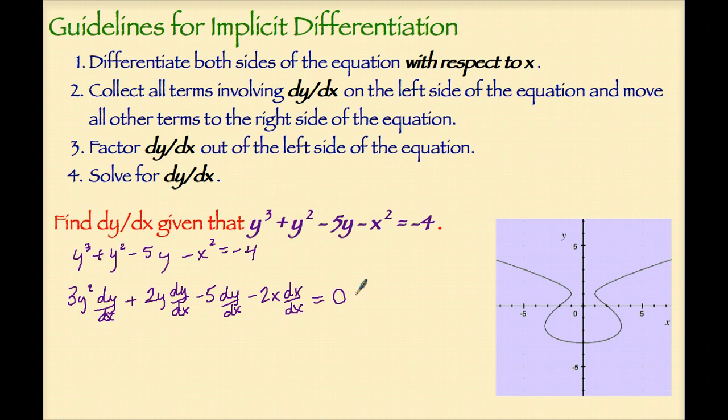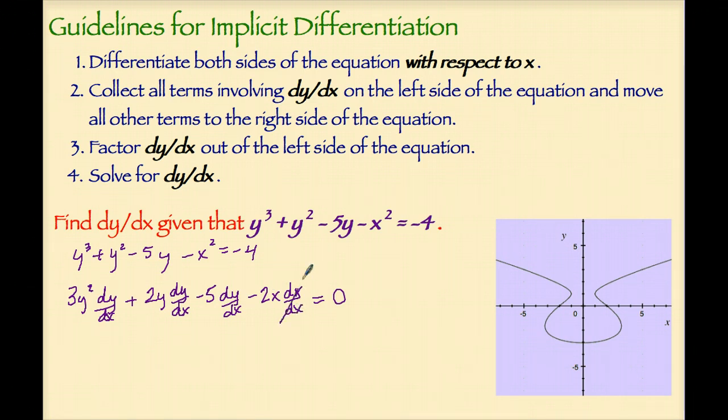Now, as you go through, you'll see that systematically, once again, I took the derivative of each term and attached a differential to each term depending on which variable I was taking a derivative of. A y term with respect to x gets a dy dx attached to it. An x term with respect to x gets a dx dx term attached to it.